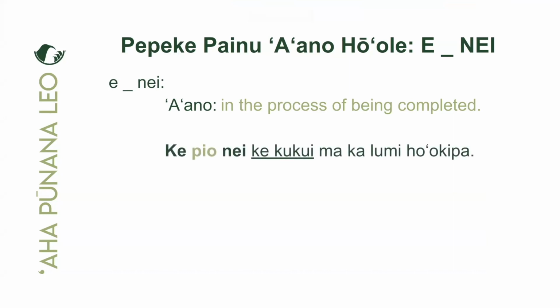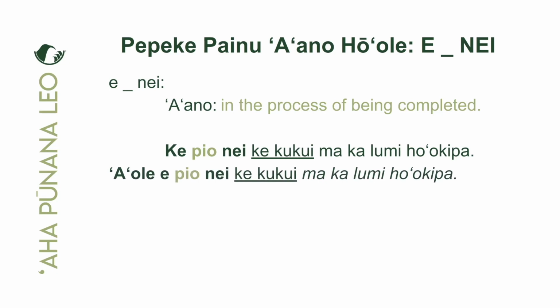Ke piʻo nei ke kukui, makalumi hoʻokipa. Let's negate that. What does it look like? ʻAʻole e piʻo nei ke kukui makalumi hoʻokipa. Again, the only change is up front. ʻAʻole, ke becomes e.